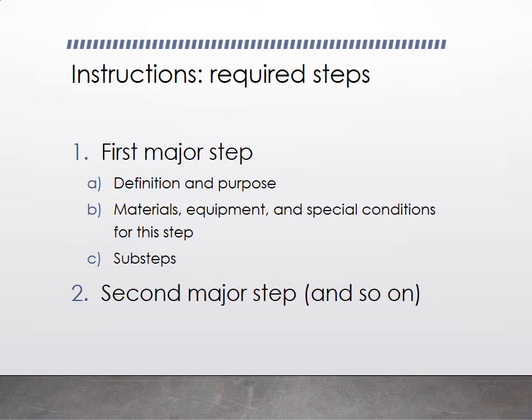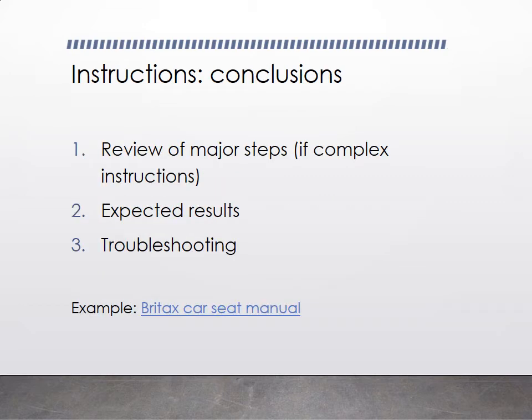Instructions could be broken down into sub-steps depending on the complexity of the process, but some instructions are very simple, in which case you would only have what's labeled here as the first major step. And then instructions often have brief conclusions that overview things, especially if there are complex instructions, and often they provide troubleshooting or let you know how things should have turned out.